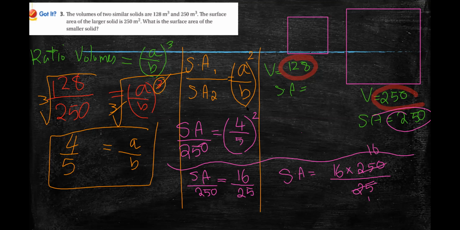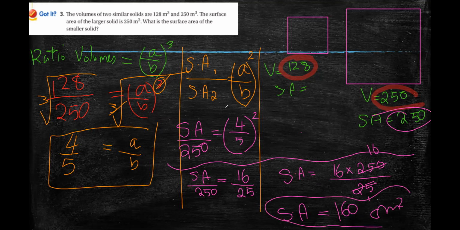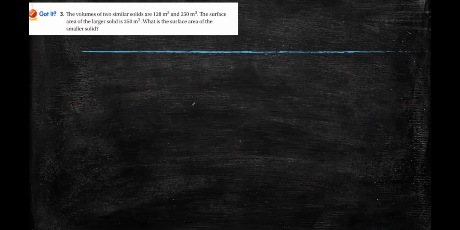By simplifying, you will find now that the surface area of the first shape is 160 centimeters squared. Is it clear? Yes. Yes. Okay.